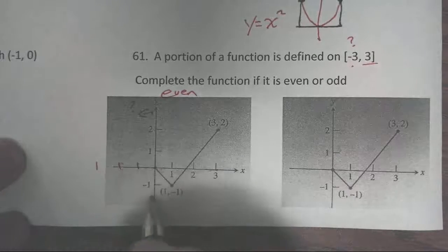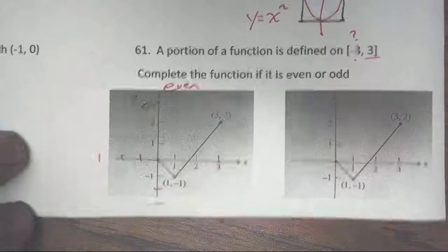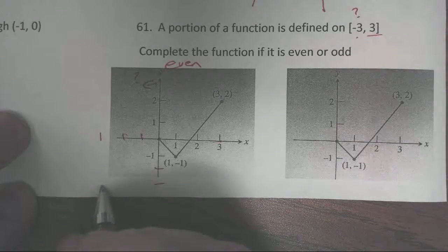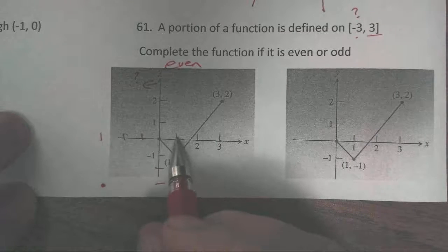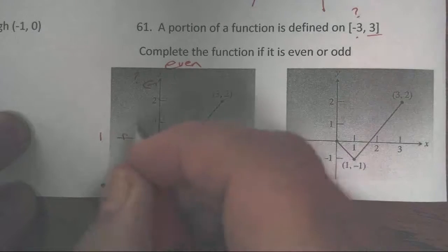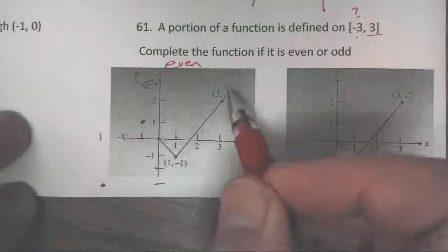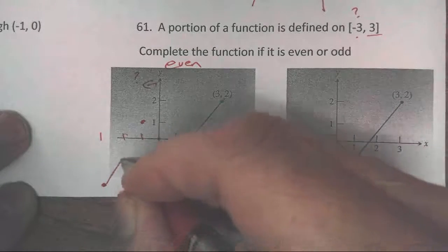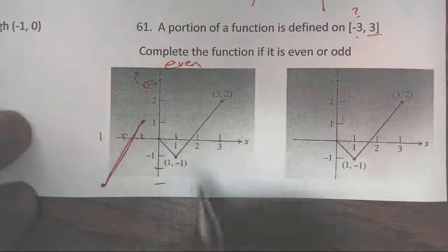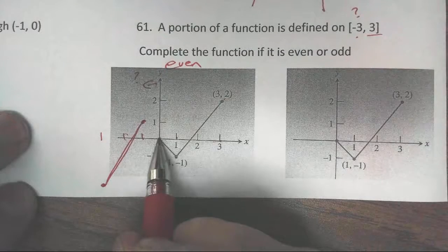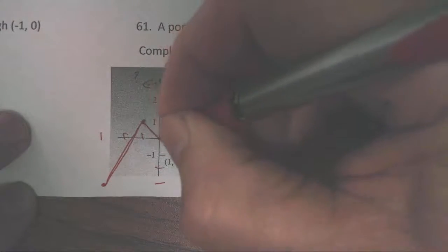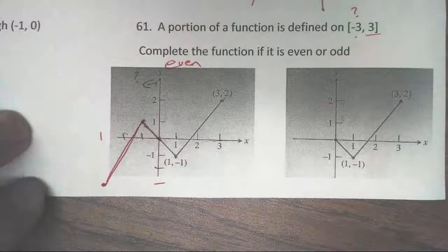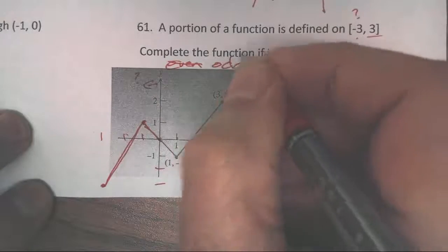To the left, it better be down 3. This function to the right is down 1. To the left, it better be up 1. And those are connected. This function to the right 0 is 0, so to the left 0 should be 0. Oh, you know what I just did? I just did the odd function. That was terrible, but I'm not going to redo it. So that's our odd function.